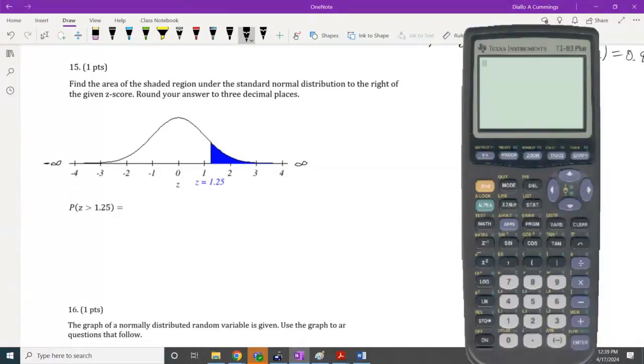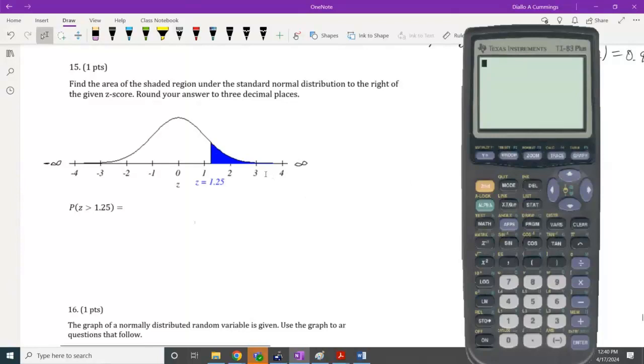Negative infinity means the numbers keep getting smaller and smaller and never stop. Positive infinity means the numbers get bigger and bigger and never stop. So this curve never actually touches the axis. It goes out forever.